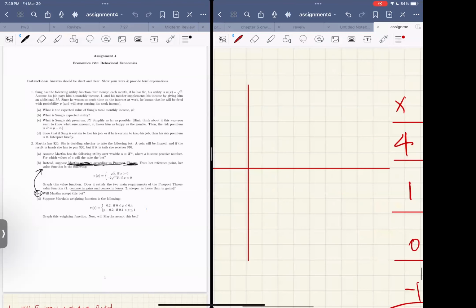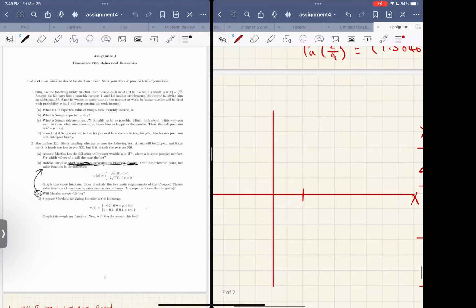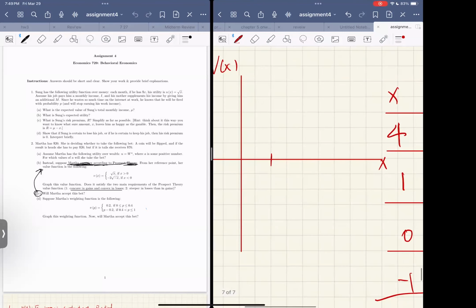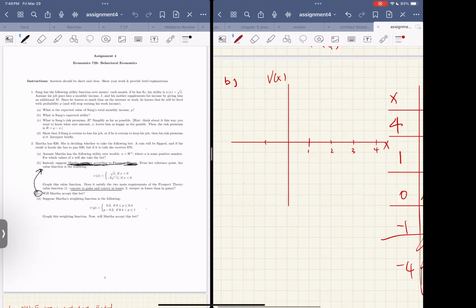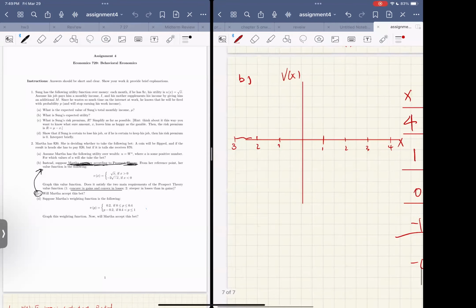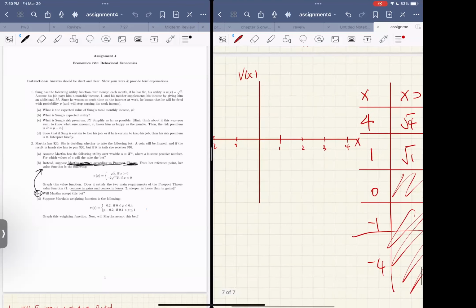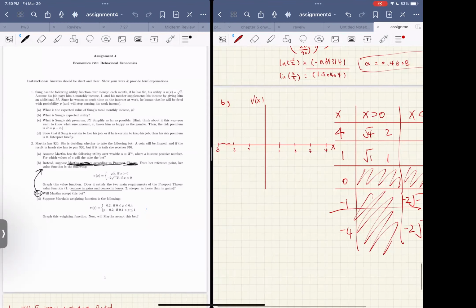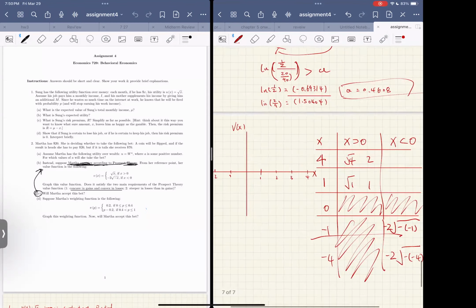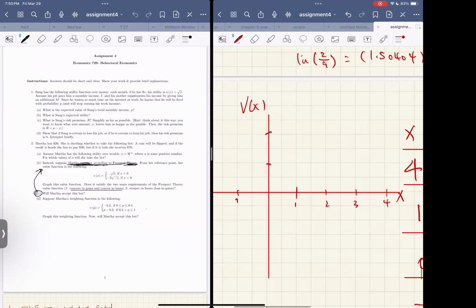So we have X and this is V of X. This is 1, 2, 3, 4. Whatever, I'm just not going to graph that point. So we have 1, 2, -1, -2.